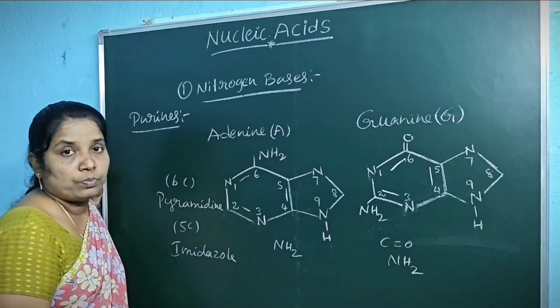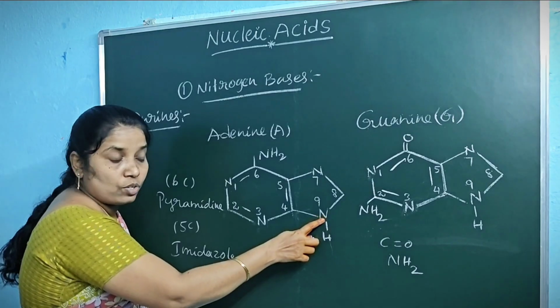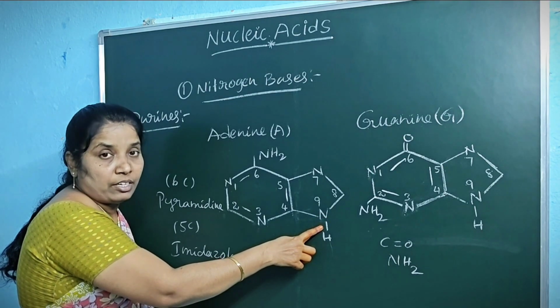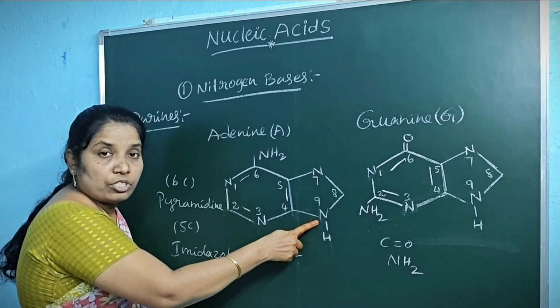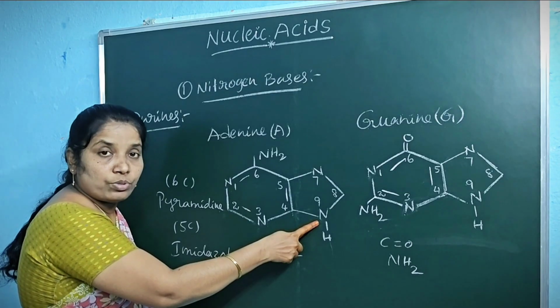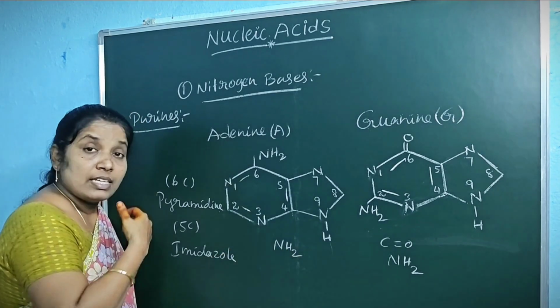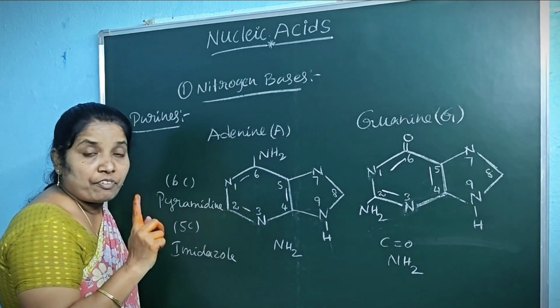Okay. So, the ninth position nitrogen is covalently bound to the first carbon of pentose sugar. In this way, they are attached to the ribose sugar in the first position.